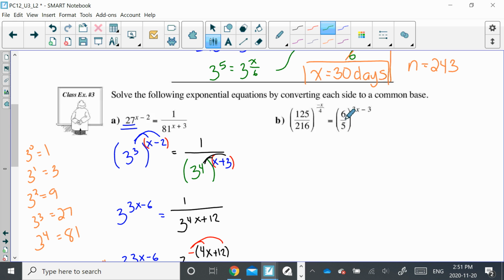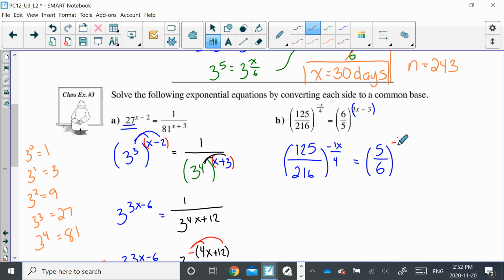So I'm going to actually have to flip this, okay? So what I'm going to do is I'm going to write this left hand exactly as is for now. 125 over 216 to the negative 1, x over 4 is equal to, let's flip this to become 5 over 6. If you flip this, remember that if we flip a fraction, the exponent becomes negative.